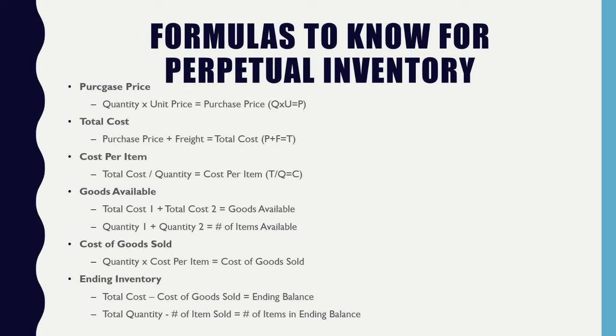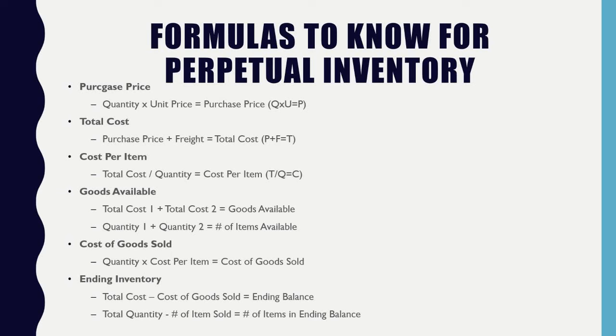And then, of course, we have our goods available, where we look at that little inventory on hand section that allows us to keep track of how many goods we have available every time we make a purchase. As we update our inventory, we will always know how many goods we have available by adding up our total quantities and our total costs to get the goods available.